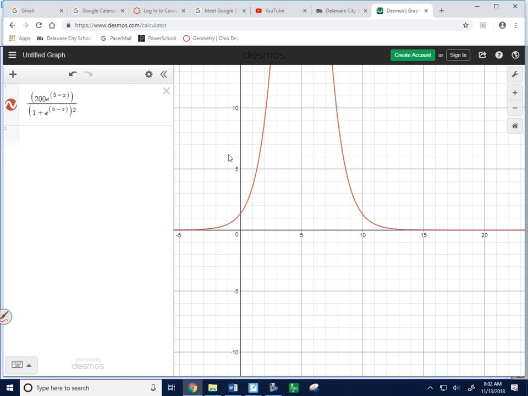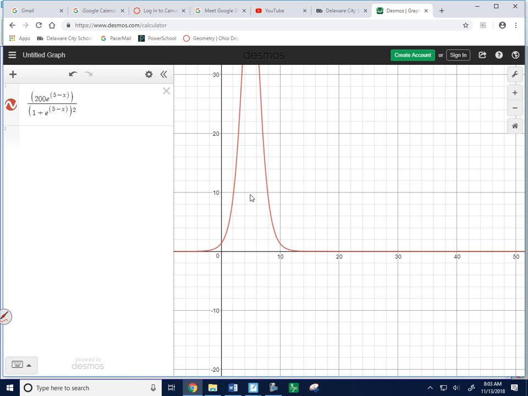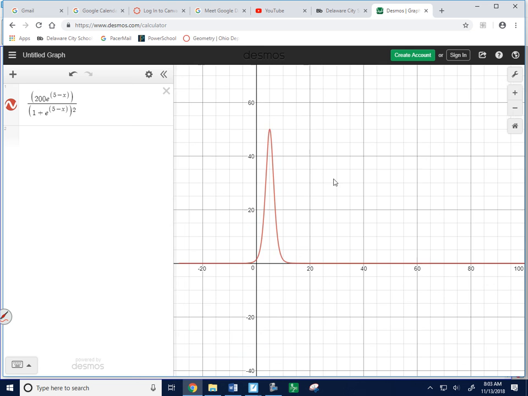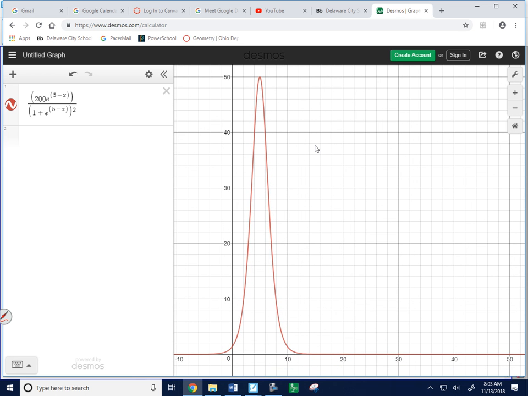Hopefully you're getting something like this. You might have to hit zoom fit on your graphing calculator. You should be getting a parabola if you put it in correctly.